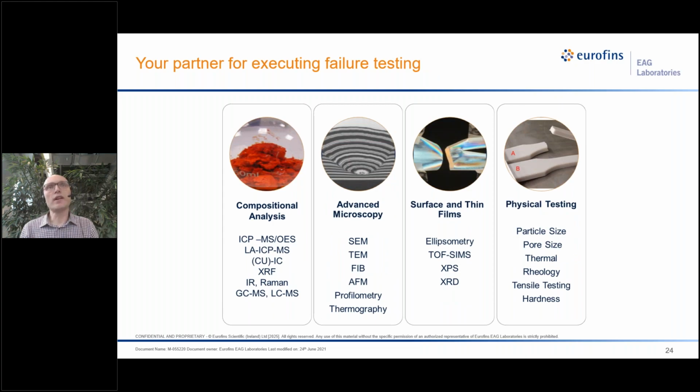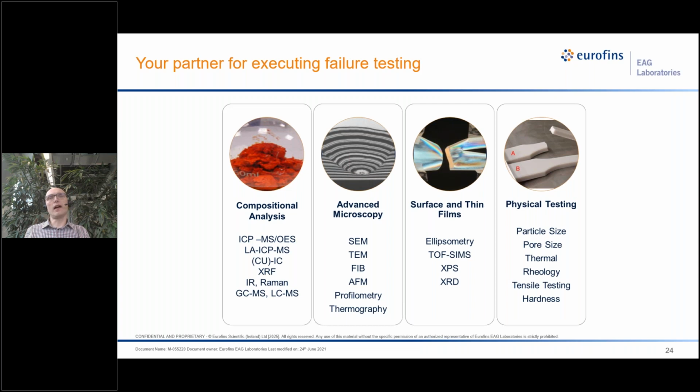In this last technical slide of this webinar, I want to present 4 of our material analysis clusters. In this cluster, over 35 analysis techniques are there to help our customers answer their questions or solve their problems.